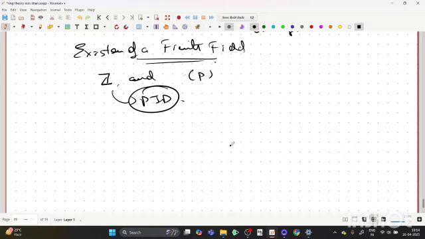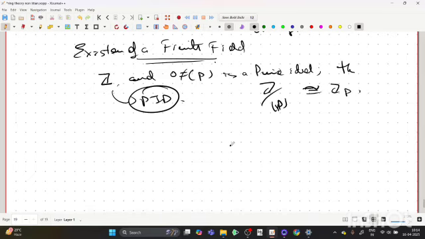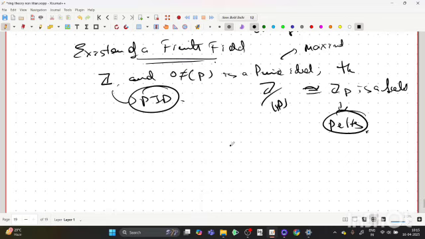And let's say p is a non-zero prime number. Then Z mod p, which is isomorphic to Z_p, is a field, and Z_p has only p elements, right? So a non-zero prime ideal should be a maximal ideal. That is what we are making use of. Okay, right. And in fact, this is the introduction in any case of field extensions.